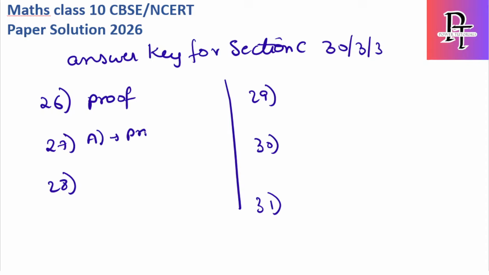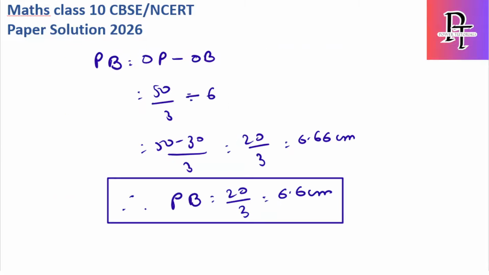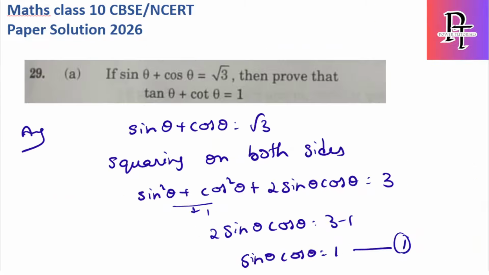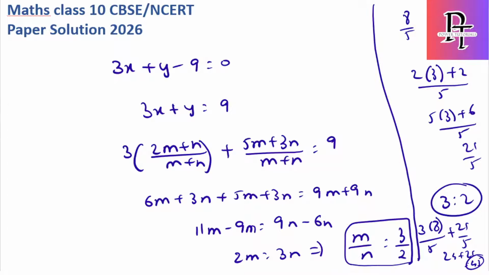A is proof, B is 20/3 or 6.66 centimeters. Okay, so 28th question. This question is ratio. We got the ratio as 3:2.